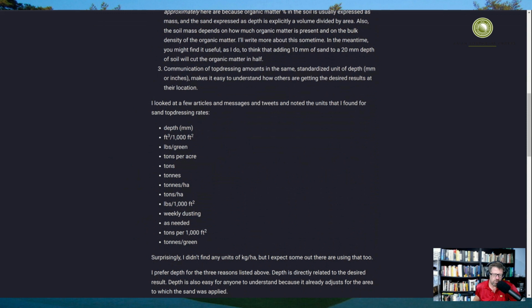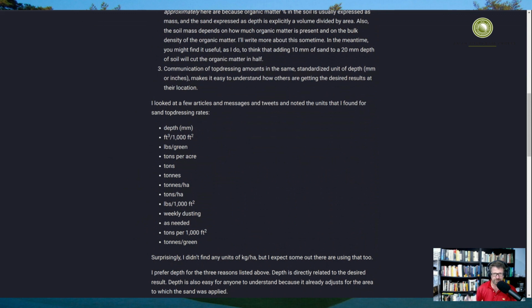And I always have an idea in the back of my mind that sometimes people are interchanging between a cubic yard or a cubic meter and a ton, and kind of using those terms interchangeably, but just using the term ton perhaps to mean a cubic yard or a cubic meter, in which case we're talking about a completely different mass.